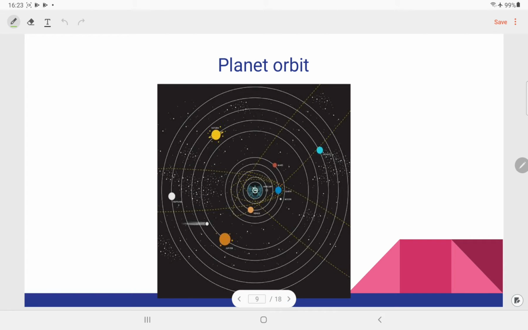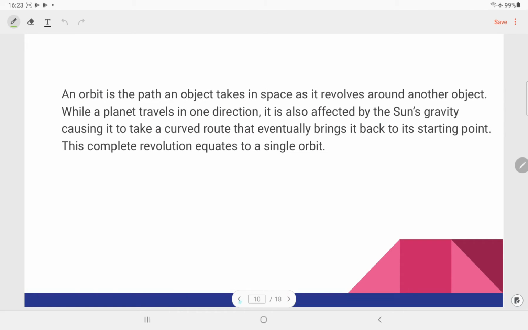And here we will discuss a little about planetary orbits, because all of the planets are moving in a particular orbit. So what is an orbit? By definition, an orbit is the path an object takes in space as it revolves around another object. While a planet travels in one direction, it is also affected by the Sun's gravity, causing it to take a curved route that eventually brings it back to the starting point.